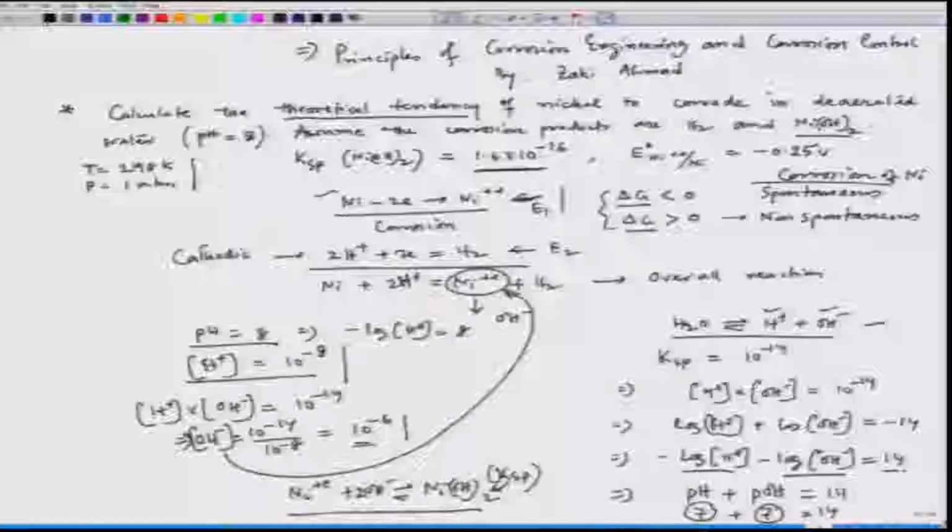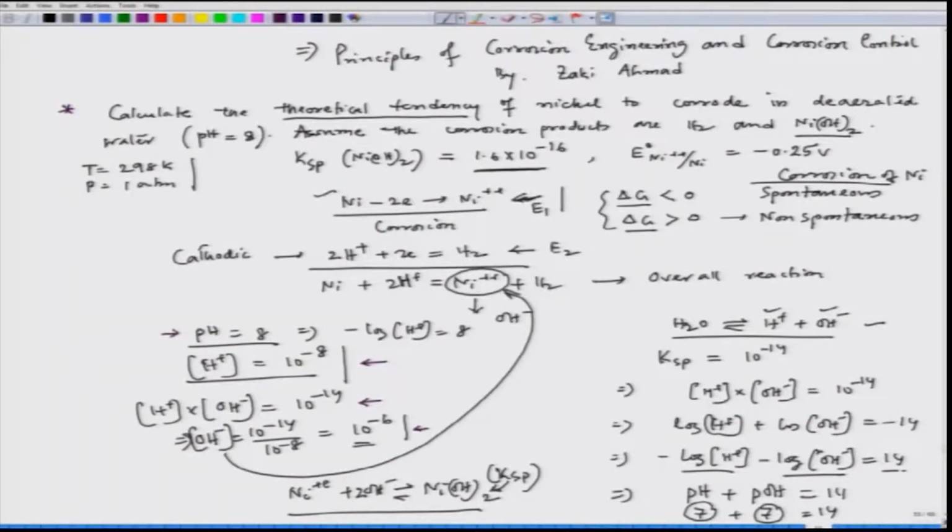Now, since the pH is 8, we know the hydrogen ion concentration is 10 to the power minus 8, and the product of H+ and OH- ion concentration is 10 to the power minus 14. So, we get the OH- ion concentration to be 10 to the power minus 6.